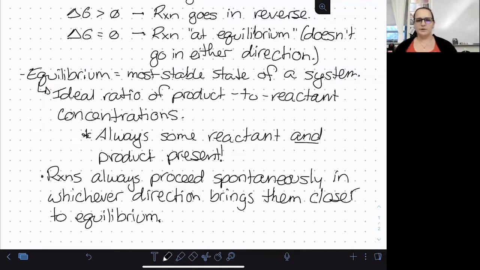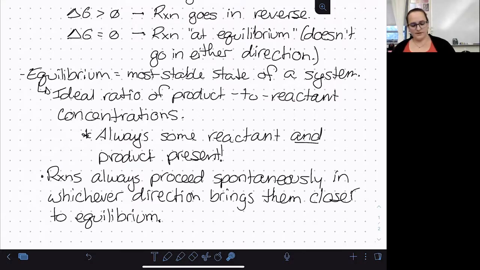And where equilibrium lies, or what the concentrations are at equilibrium, varies wildly from reaction to reaction. So each system has this ideal ratio of how much product to how much reactant is present in the system when it is most stable. But that ratio could be heavily skewed in either direction.